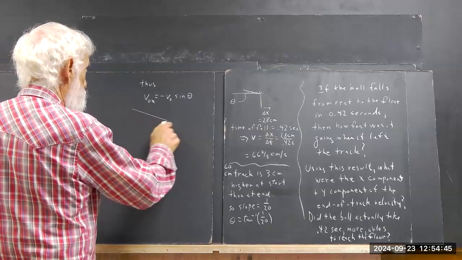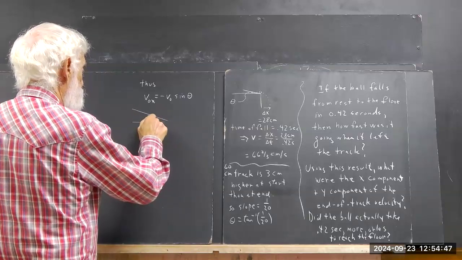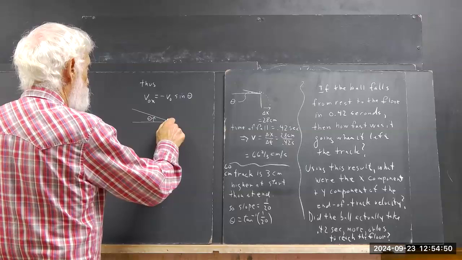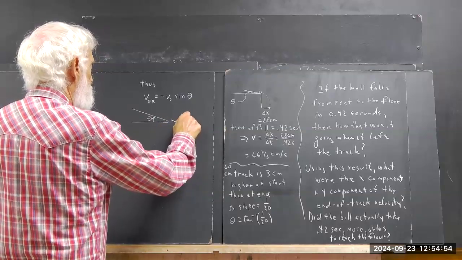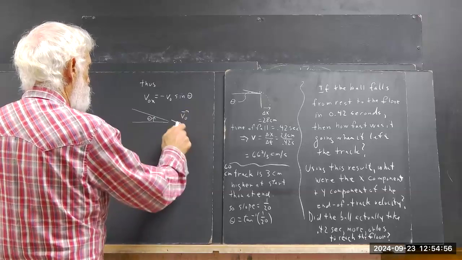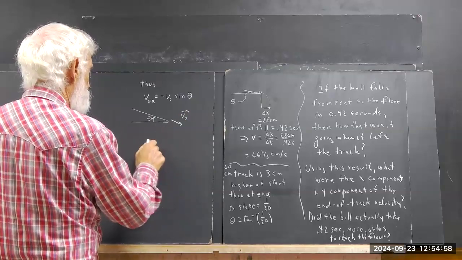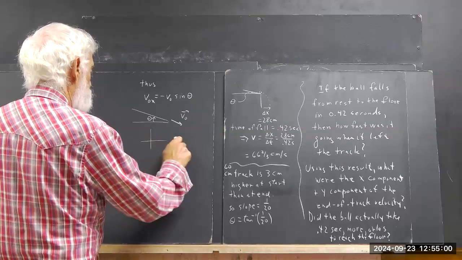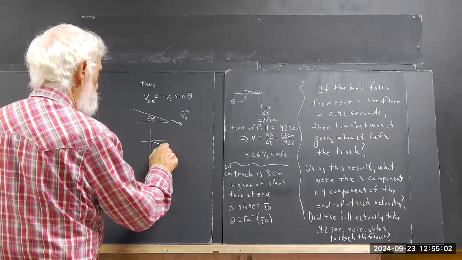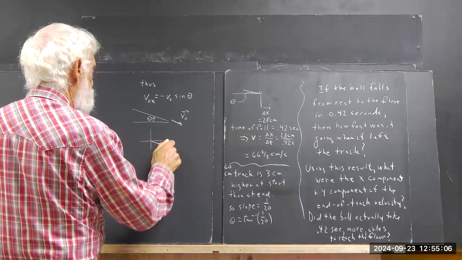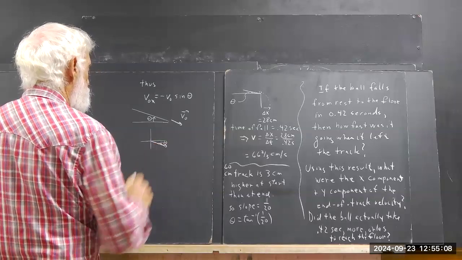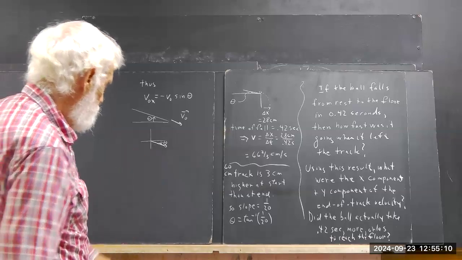Got a picture here. Okay, let's just exaggerate the angle. Here's theta, and here's the initial velocity. So if you put a set of coordinate axes here, the angle would be negative theta.